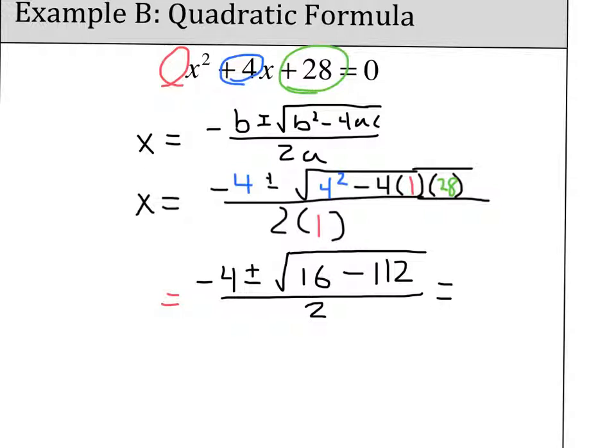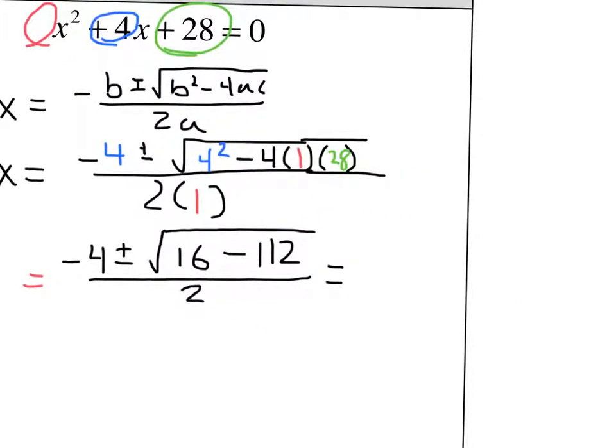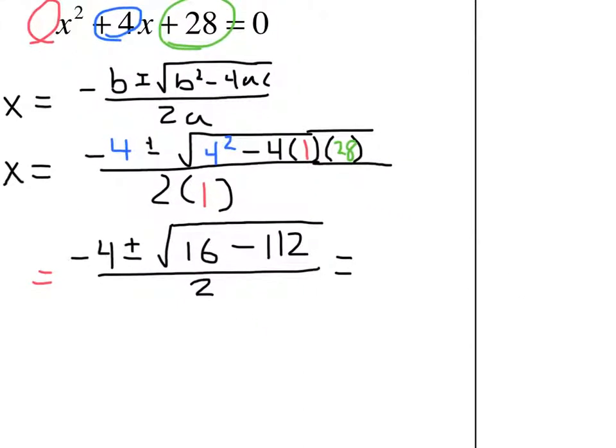So I'm going to go sideways so I don't run out of space. Now I'm going to combine the inside of the radical, the radicand: negative 4 plus or minus radical negative 96, all over 2.